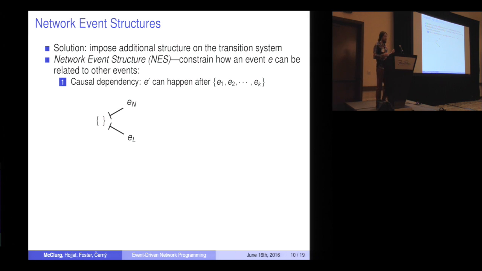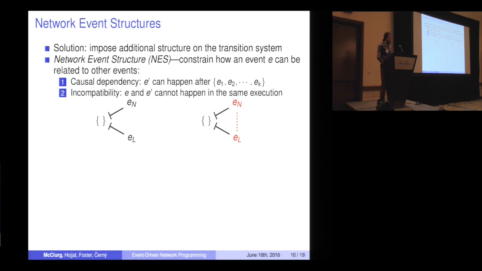A certain event can happen after a set of events occurs, denoted by this turnstile relation. E_N can happen after no events have happened. The second is compatibility, which says that two events can't both be in the same execution.